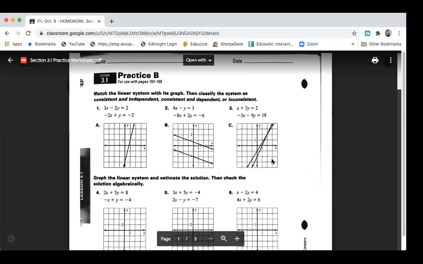So here's what that worksheet looks like. The first 3 questions, really you're just doing the even ones. You're going to classify the system as consistent and independent, has 1 answer; consistent and dependent, has many answers; or inconsistent. And then the next group of problems, that's where you are graphing them. As you can see, the grid is a little small.